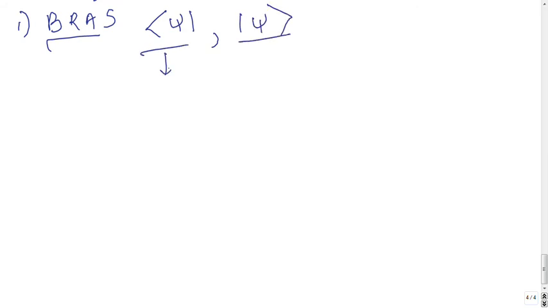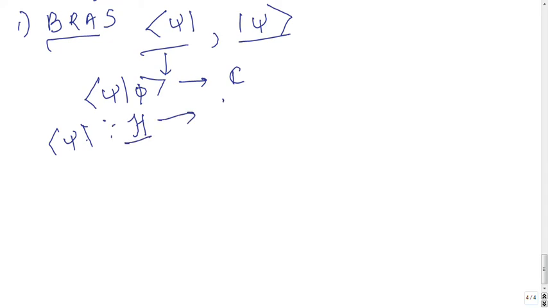And if you notice, they are the simplest example of an operator because what they do is get applied to a vector phi and give us a complex number. It means that it is an operator which takes a vector from the Hilbert space and gives us a complex number from the set of complex numbers.